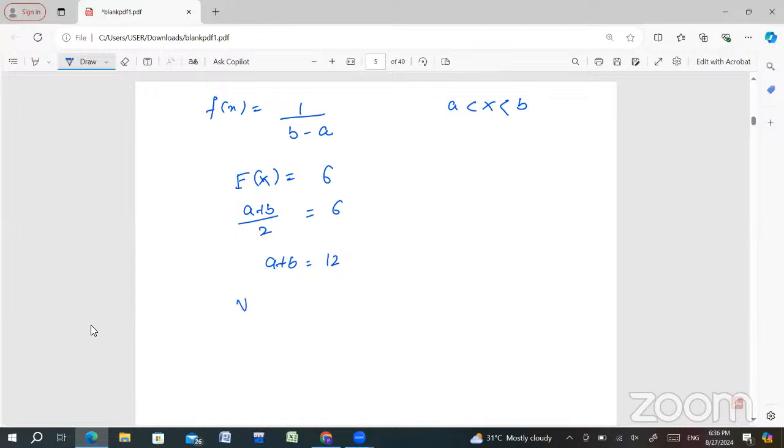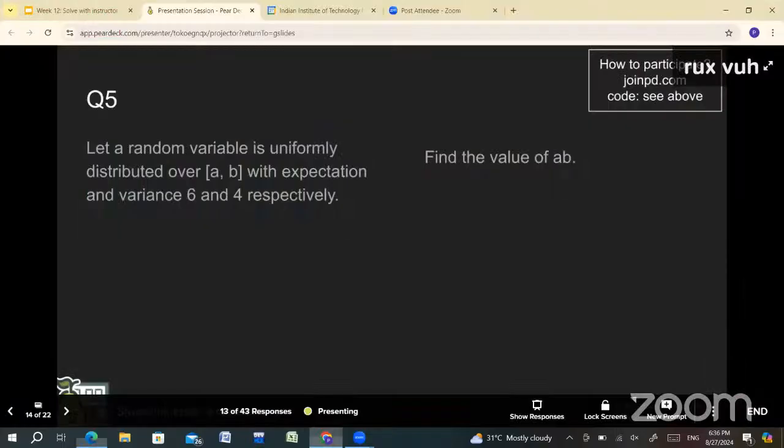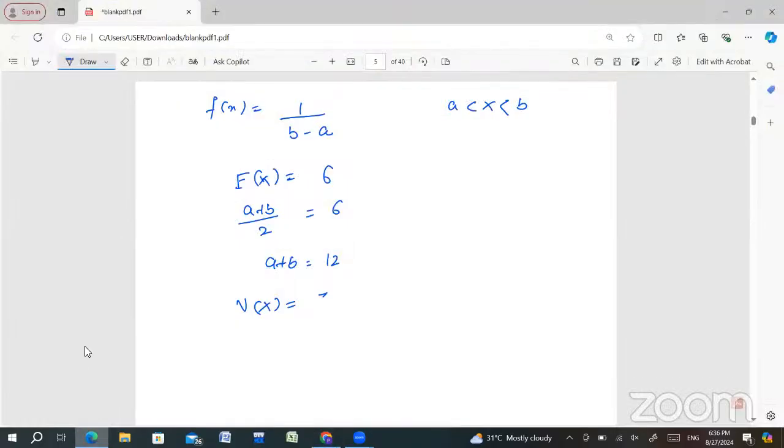And the value of variance is given as 4, so we can write it as b minus a whole square divided by 12, equal to 4.